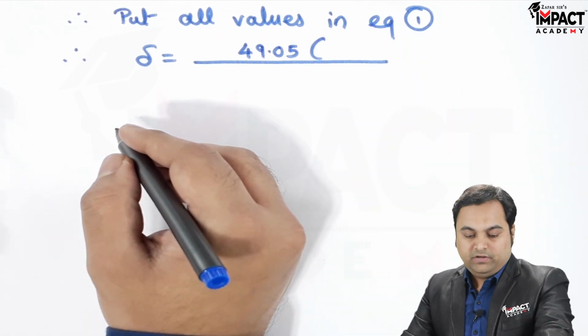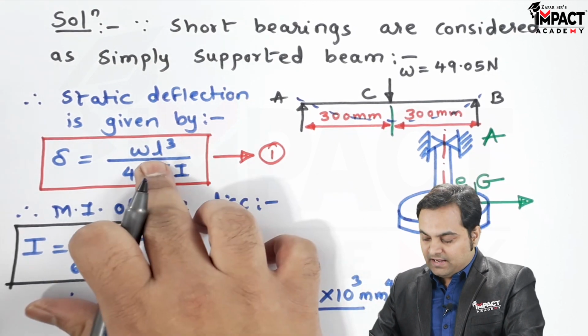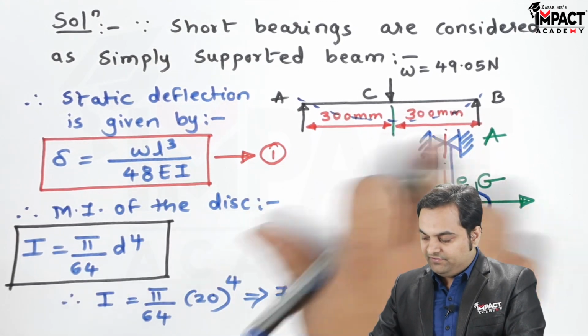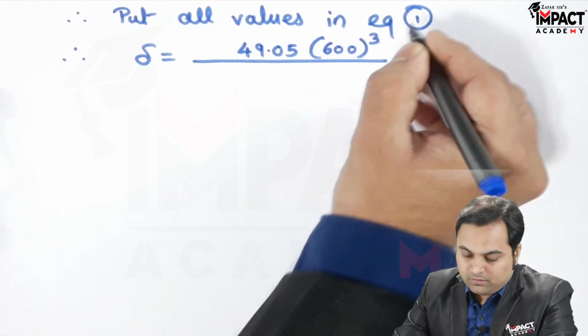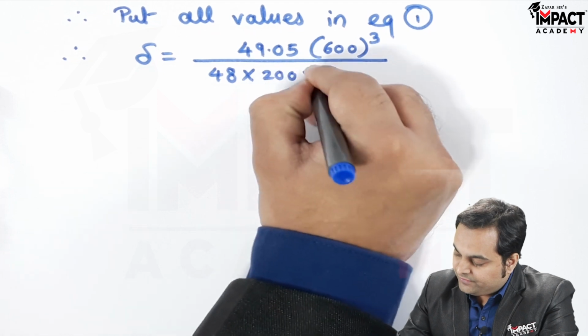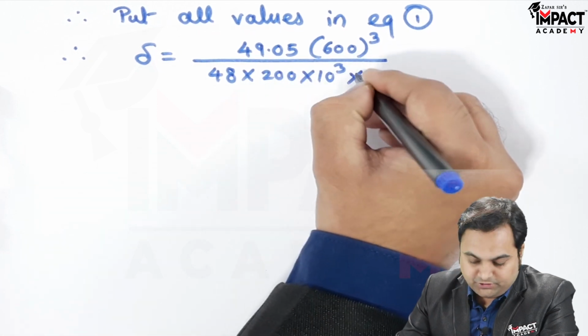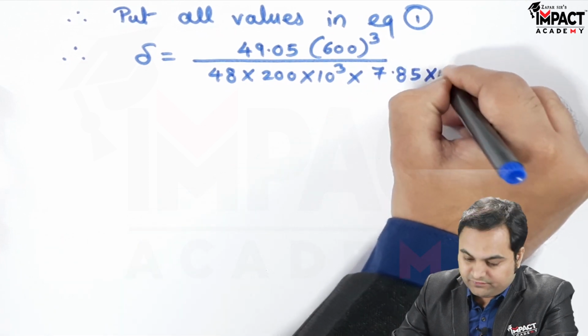Now L value I will put in terms of mm since it is given: it is 600 mm. E value is 200 into 10 raised to 3 Newton per mm square, and moment of inertia I is 7.85 into 10 raised to 3.